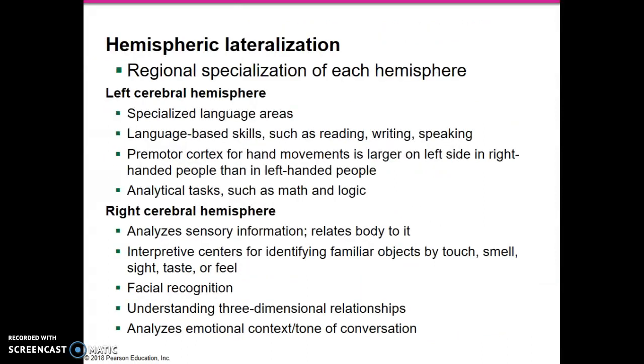So you can see that the cerebrum is pretty complex. It's hard to know all of the different regions of the cerebrum. The left hemisphere specializes in language. Premotor cortex for hand movements is larger on the left side in right-handed people. Left side is for analytical tasks such as math and logic.